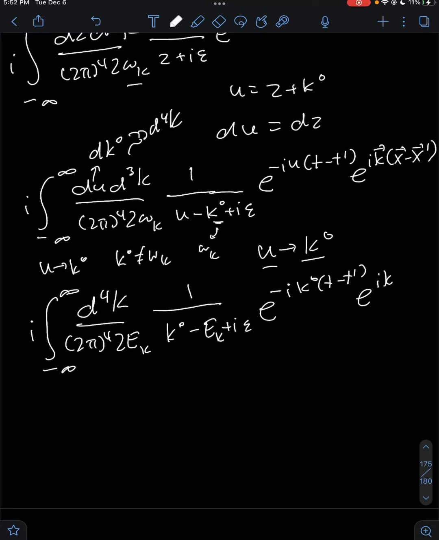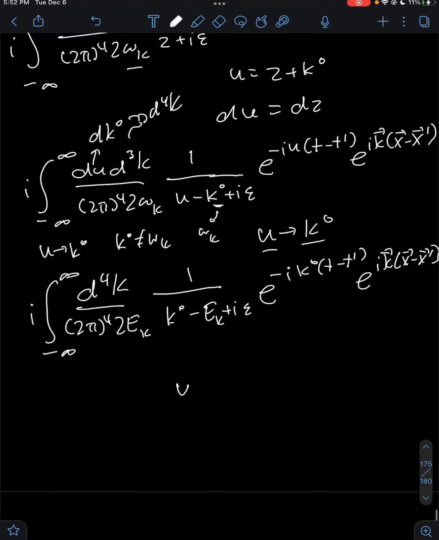So this is why we are going to relabel the u, which is just some meaningless variable, with k naught. We are not assigning a meaning to u. When I say that we are relabeling u with k naught, I'm not saying that u is equal to k naught, because u is not equal to what k naught originally was.